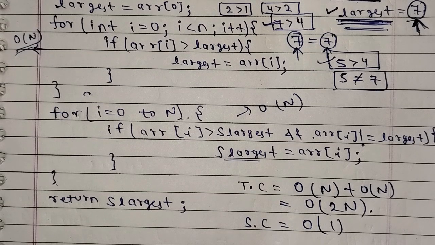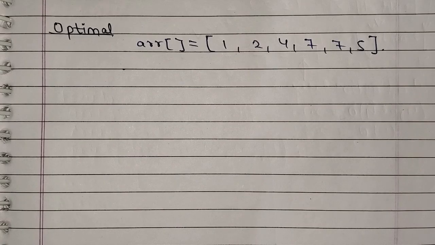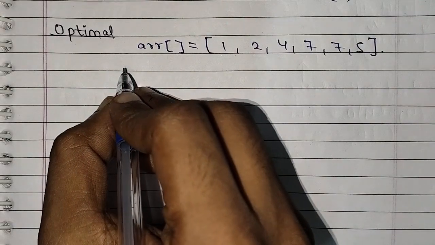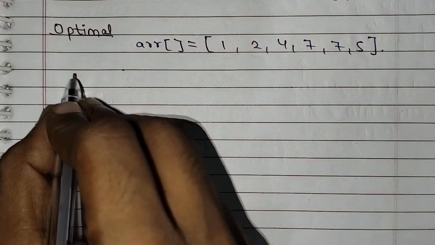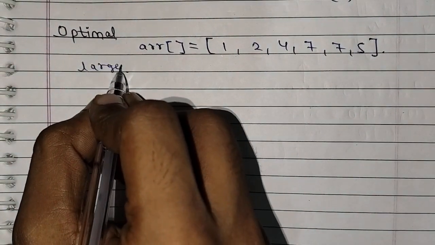Now we are moving to the optimal approach for this particular problem. So let's move. Now we are here to find out the optimal approach. Firstly we declare the largest element.